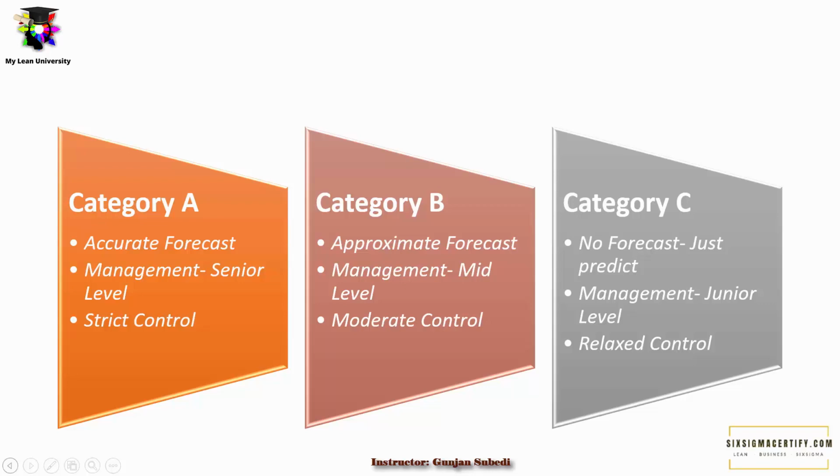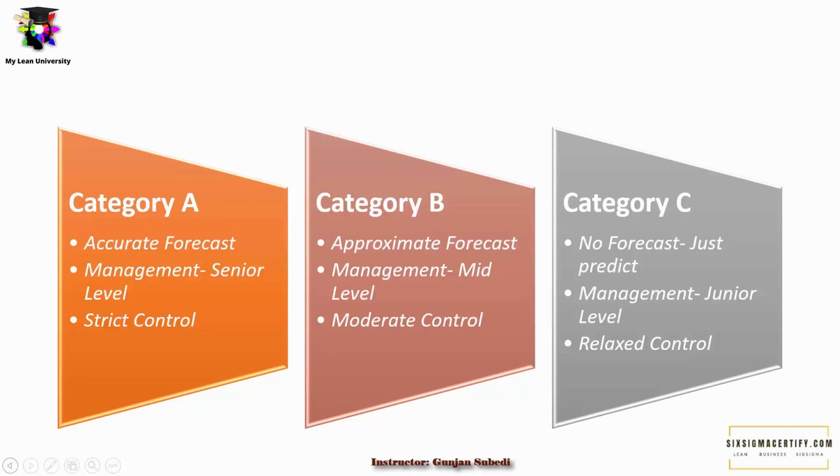Category B items need approximate forecasts and middle-level management involvement with a moderate degree of control, and category C items do not need in-depth forecasts. It could be just based on speculation sometimes, and there could be junior-level involvement for purchasing and management of the category C items. So it could be a more relaxed degree of control. We do not need strict or moderate control for category C items.